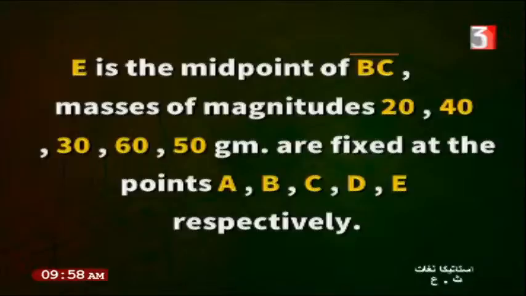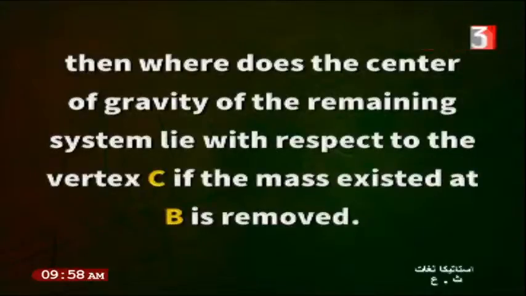What do you mean? 20 at A, 40 at B, 30 at C, 60 at D, 50 at E. Identify the center of gravity of this system. Then, where does the center of gravity of the remaining system lie with respect to the vertex C if the mass fixed at B is removed?